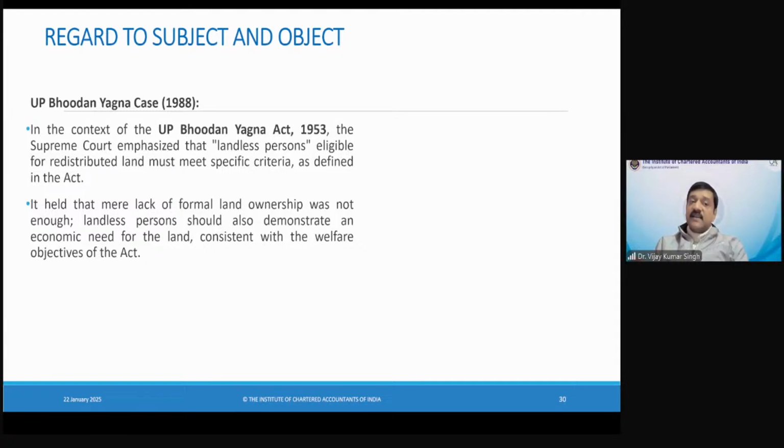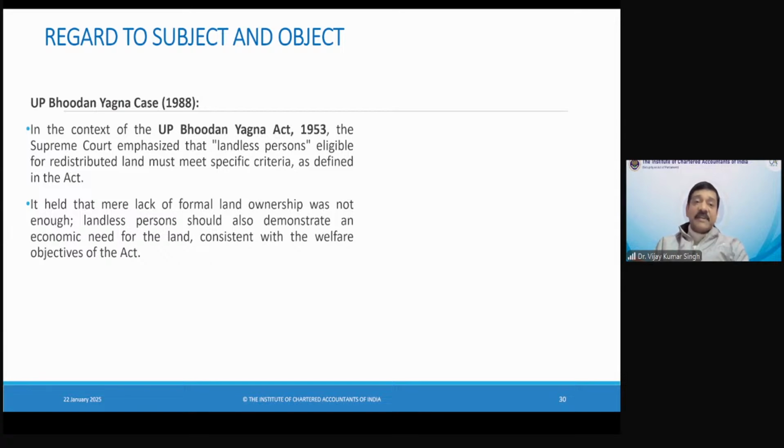I don't know whether you people are aware, but the Bhudan Yagna Act 1953 actually enabled the government to acquire certain land and give it to landless people. In this case, some local businessmen wanted land under the Bhudan Yagna Act, stating that they didn't have any land.